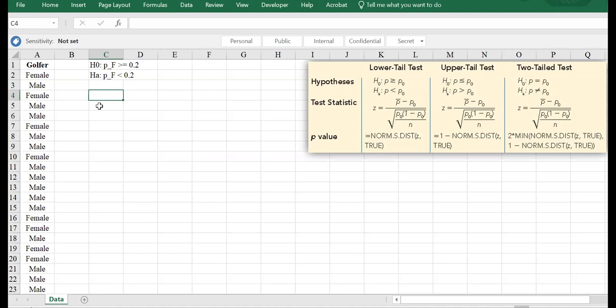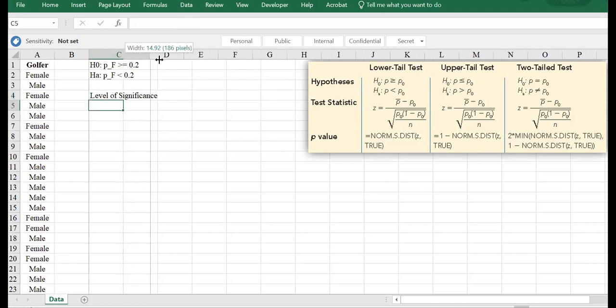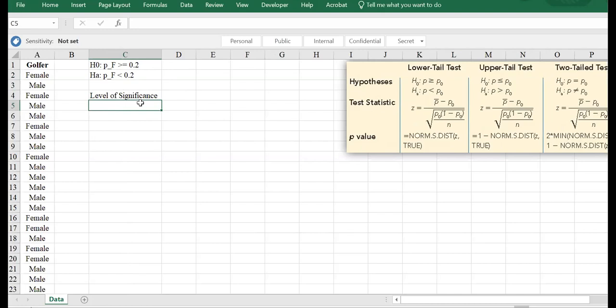The second step would be to define the level of significance. This is definitely the second step, but that doesn't mean that you have to put it in your Excel file, or it doesn't have to go with this order when you write it. You can actually put it at the end, or you may just know it.